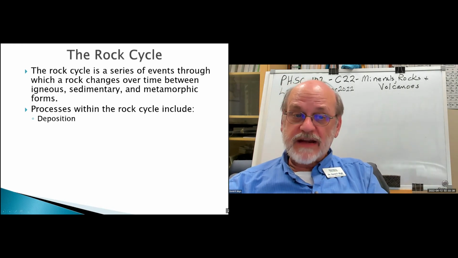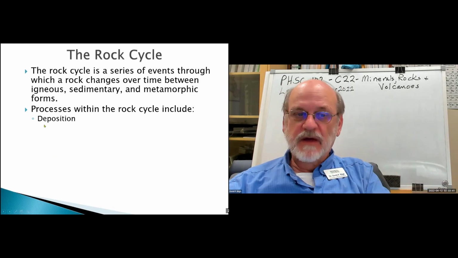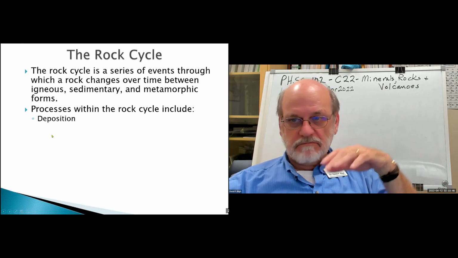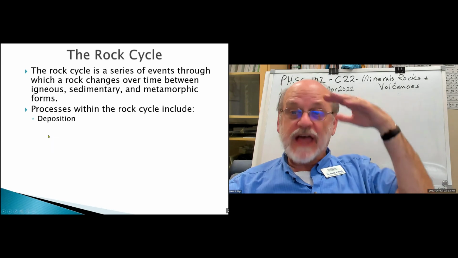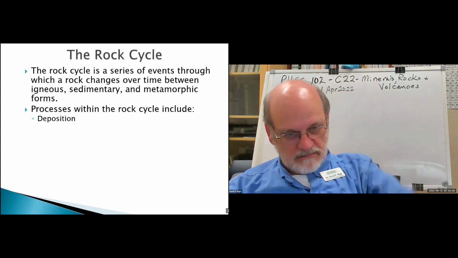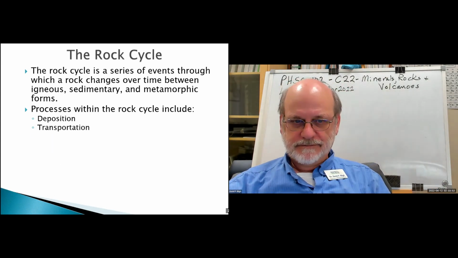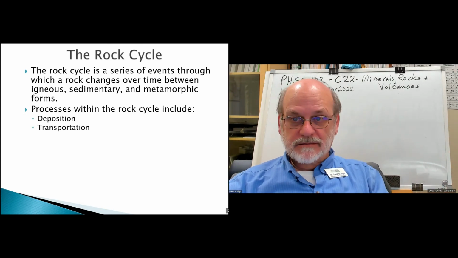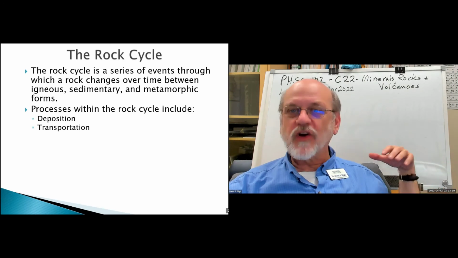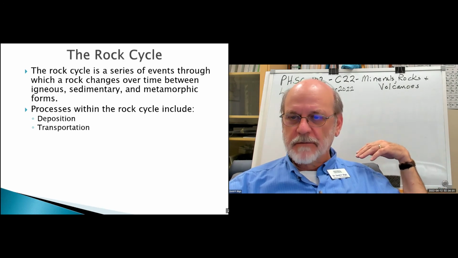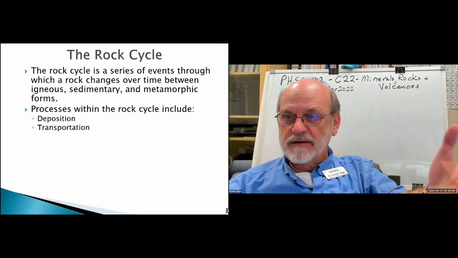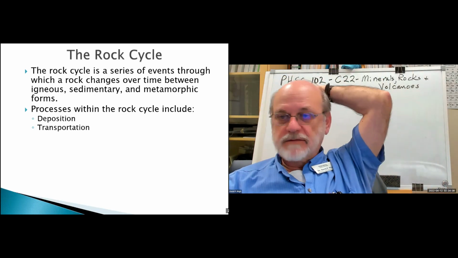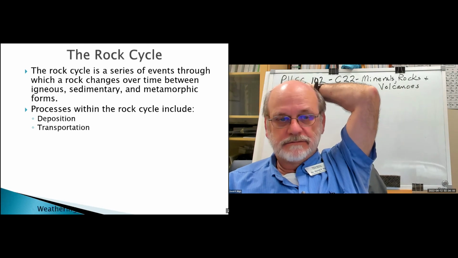And one of the ways we do that is to classify various processes. One is deposition, right? Particles in some processes have to be deposited. They have to come in, settle out. When they do that, they had to get there somehow, right? We transported them. Nature transported these particles somewhere, or even transported lava somewhere, right? So we transport and deposit.